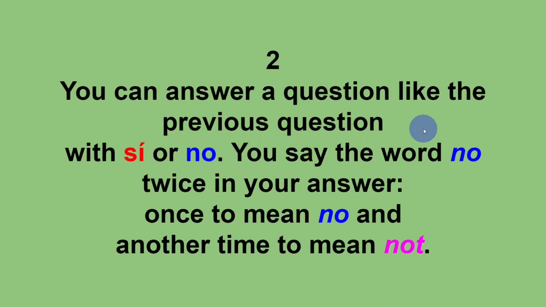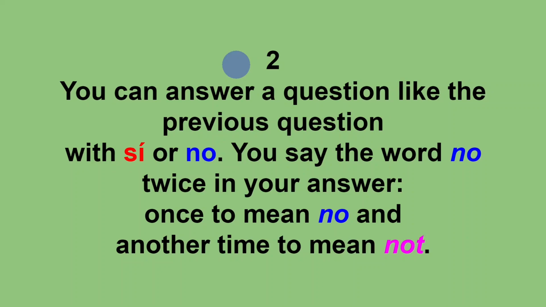Okay, rule number 2. You can answer a question like the previous questions with sí or no. Okay, this sounds like a short answer, but it is not a short answer. You can say the word no twice in your answer. Once to mean no, and the other time to mean not.